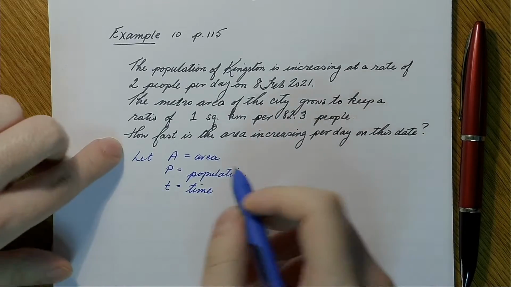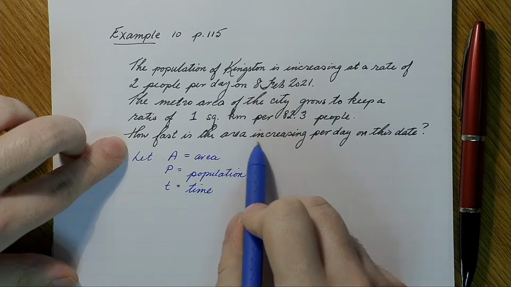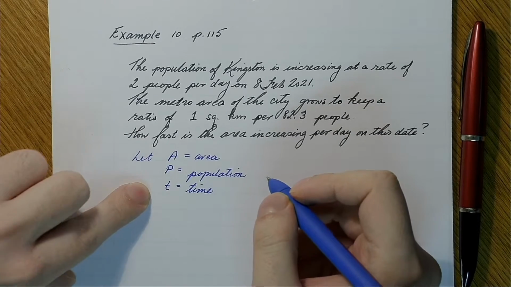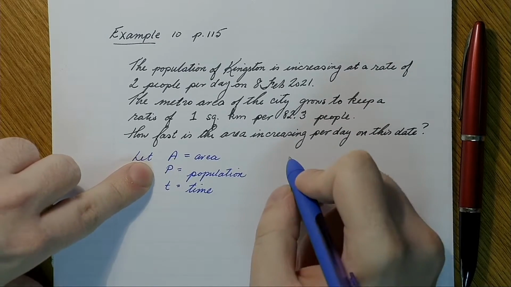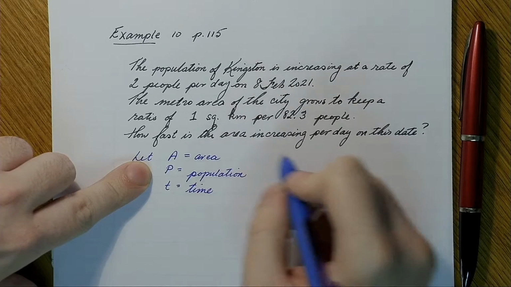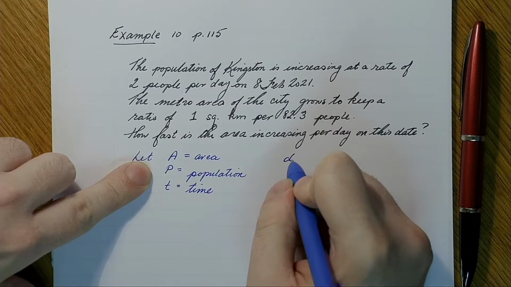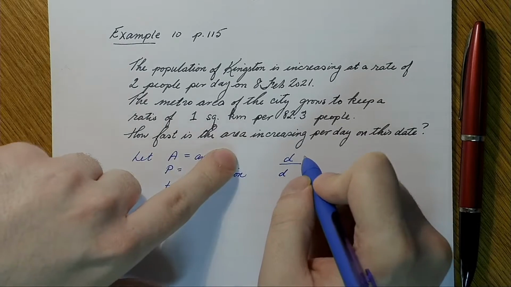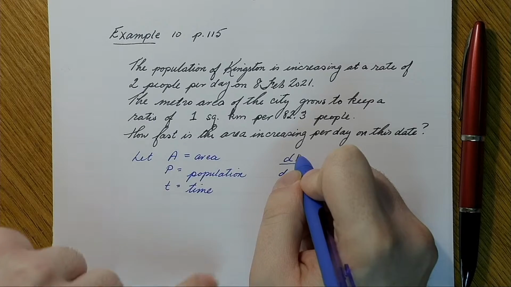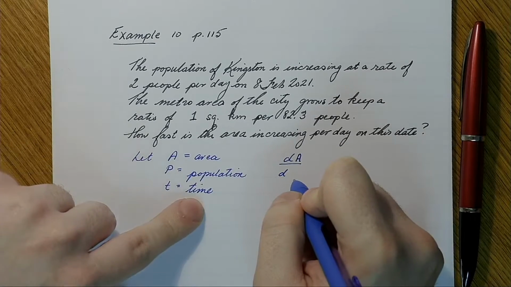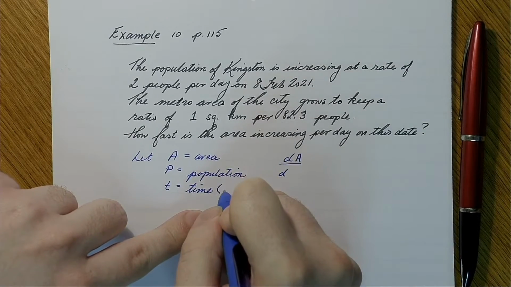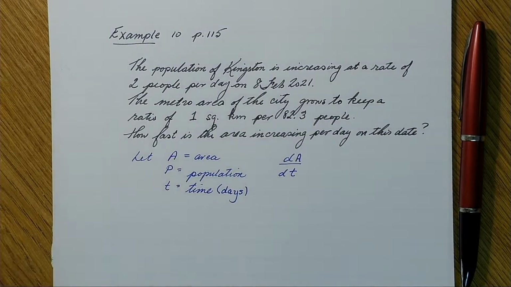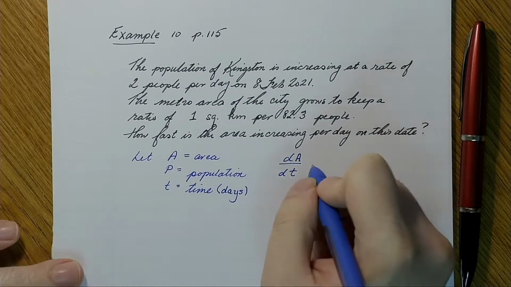Then what it's asking for is the rate, dA by dt. The rate of the area per day, so time in days. So this is what we're required to find.